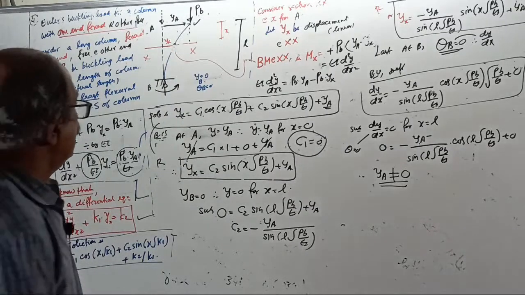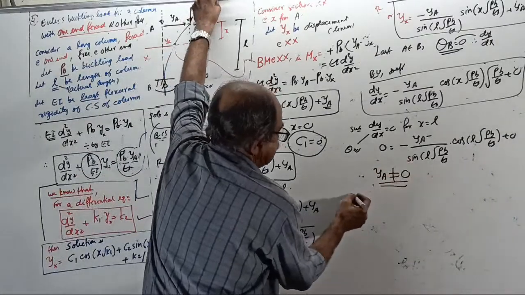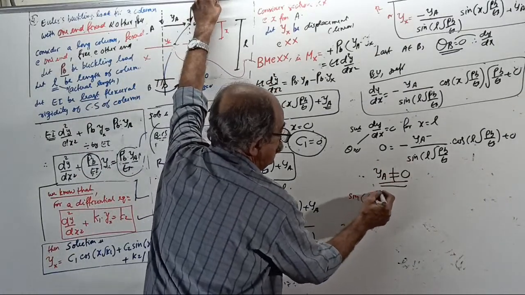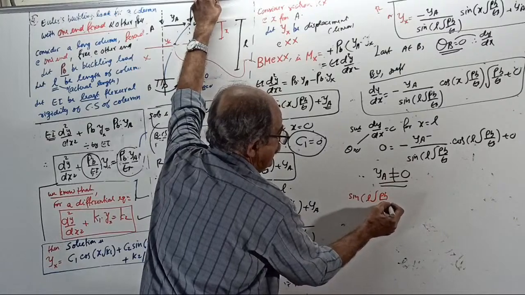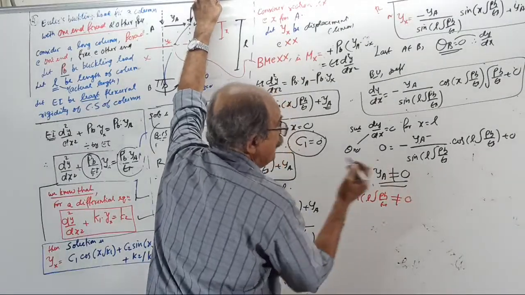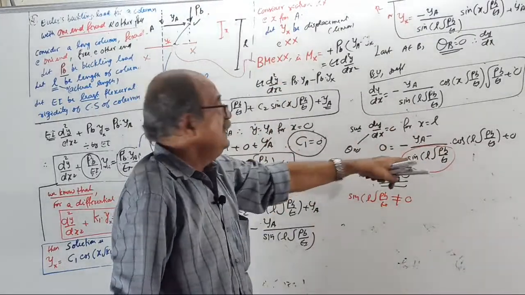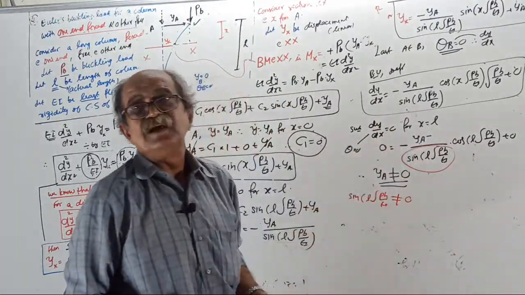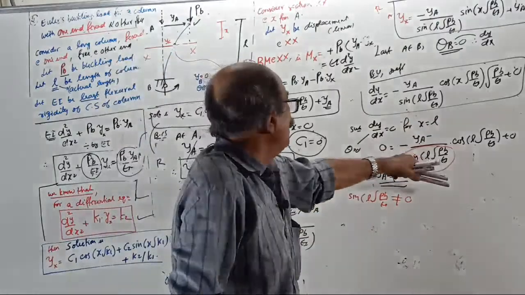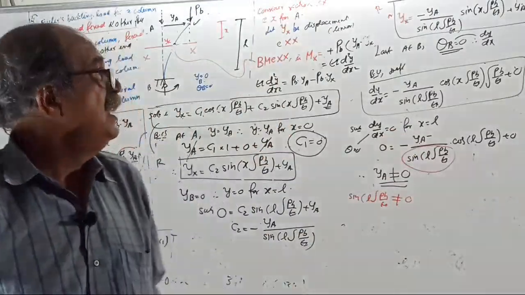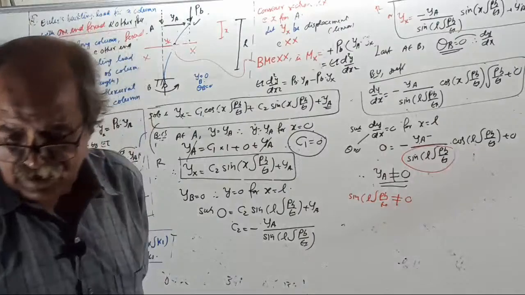And next, sin(L√(PB/EI)) also cannot be 0, because it is in the denominator. If the denominator is 0, what will happen?